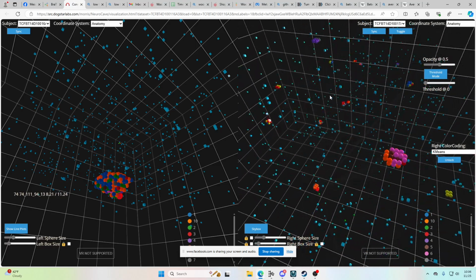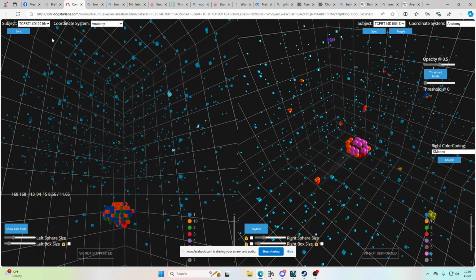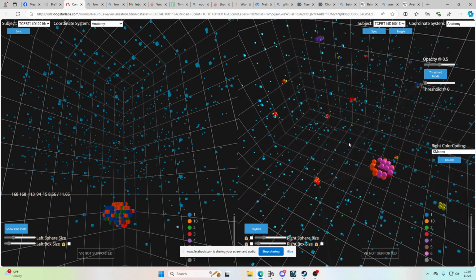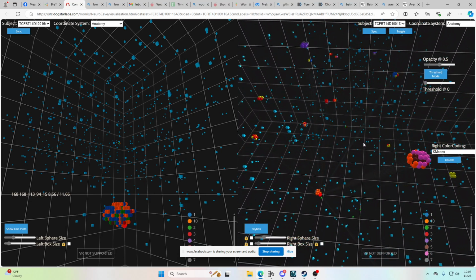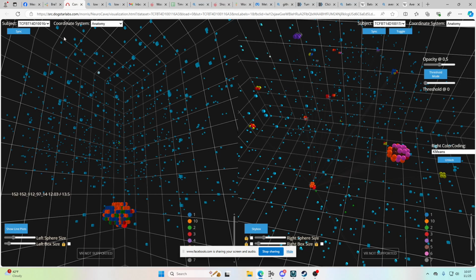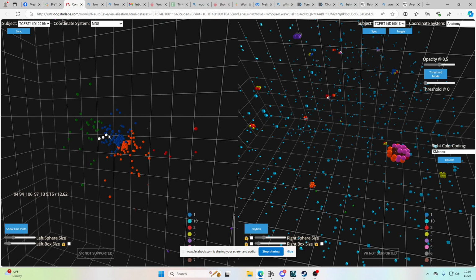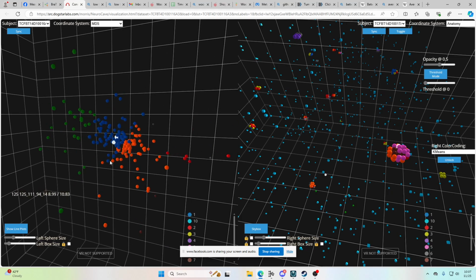So right now I'm comparing two different brains with two different tumors, but I can use this split screen view to compare one brain's anatomical positioning of their tumors to a dimensionality reduction view, like the MDS, multidimensional scaling.